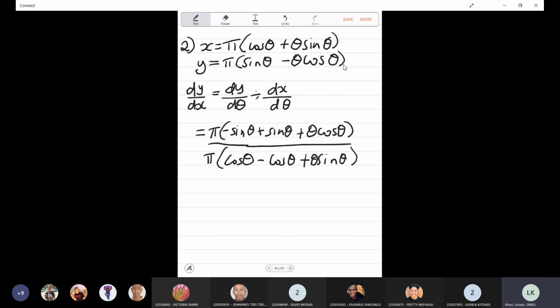Okay, and then if there are any terms that can cancel, you go ahead and cancel them and simplify as far as possible. So you can see minus sin theta, that's 0, cos theta, that's 0, and then the pi's will cancel.